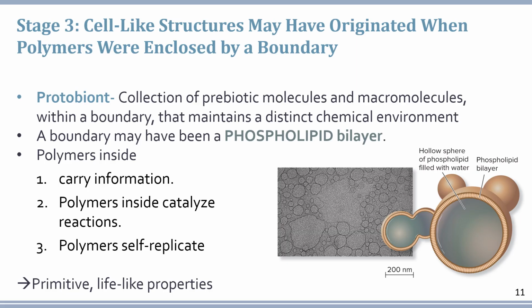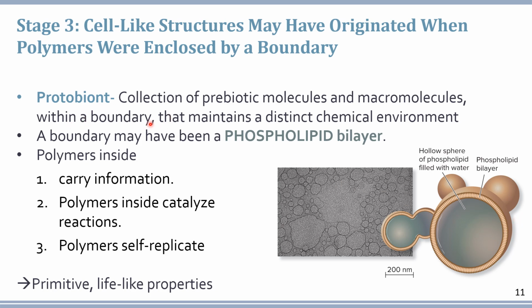So when those polymers came together, they needed to first form a boundary. And so when we see basically a pre-living cell with a boundary, we call that a protobiont. So a protobiont is essentially a hypothetical precursor to our living cells, but these protobionts had to have a boundary.